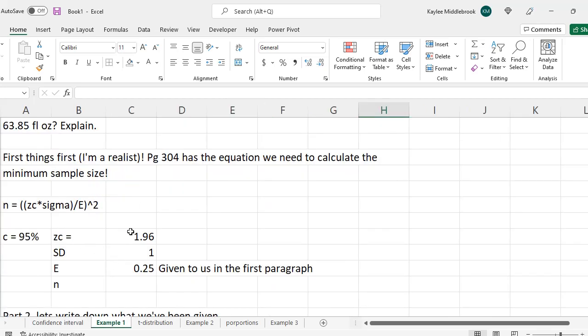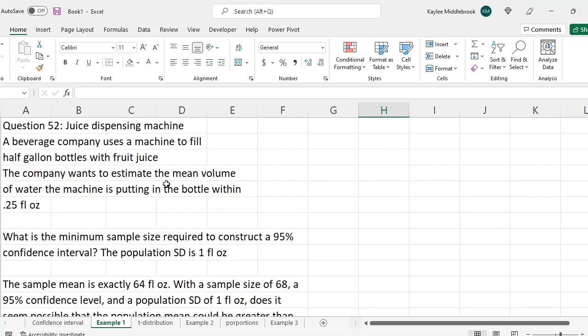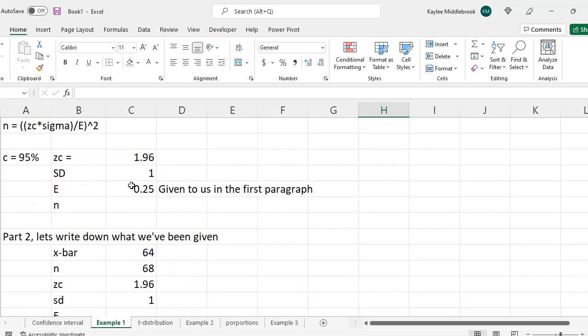Going back there, I copied that. For the standard deviation, we are given that it's 1. And for the error, it's going to be 0.25, which was explained at the beginning, where we want to estimate the mean volume of water within 0.25 fluid ounces. It's giving us the error it wants to construct the confidence interval within, so we copied that.